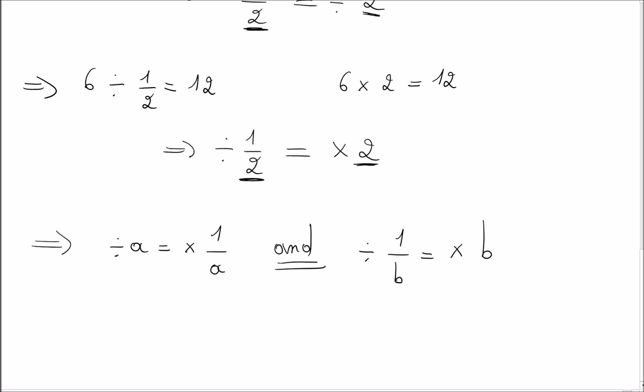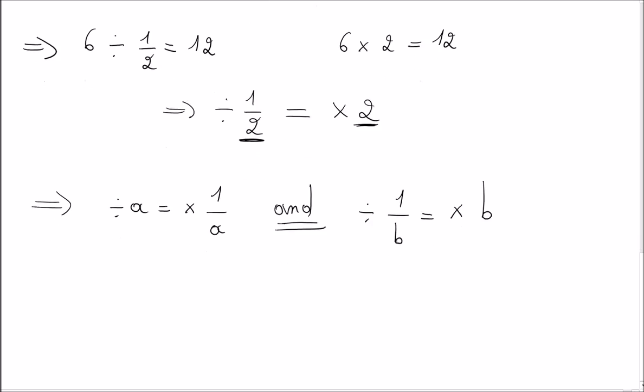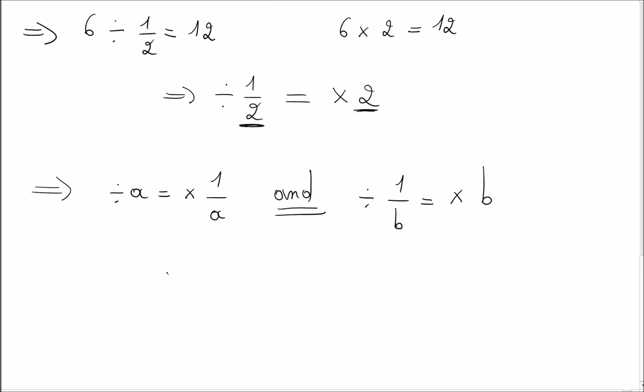So when we combine these two, imagine I have to divide by a over b. That will be exactly the same as multiplying by b over a. And this is what we're going to call the inverse operation.